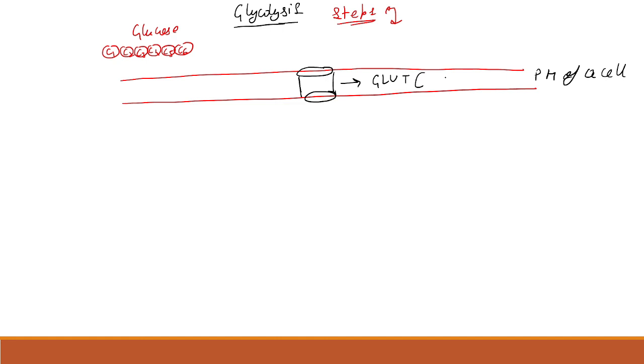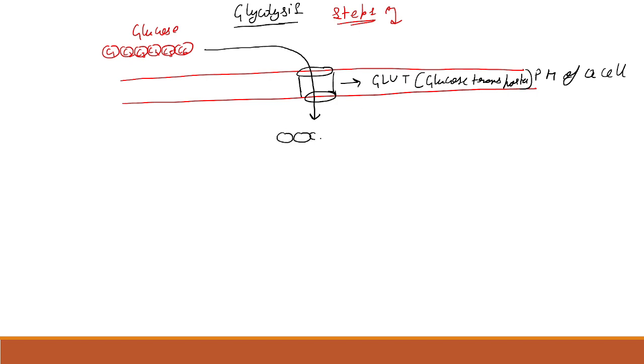What do we mean by GLUT? GLUT means glucose transporter. So now the glucose would enter the cell through this glucose transporter.